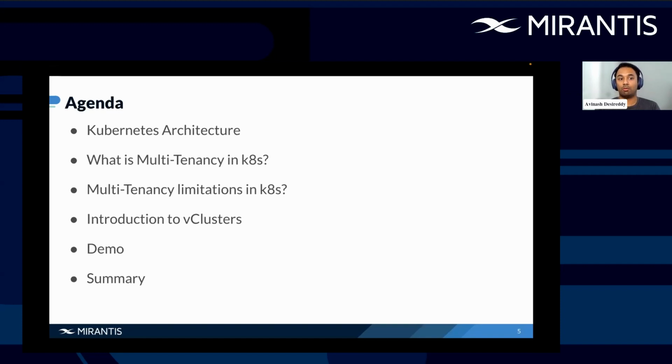From there, I will dive into what exactly multi-tenancy is and how it is achieved in a Kubernetes cluster. We'll get a basic understanding of multi-tenancy, and from there we'll understand the limitations: is the multi-tenancy built into Kubernetes clusters sufficient, or what are the challenges with it?